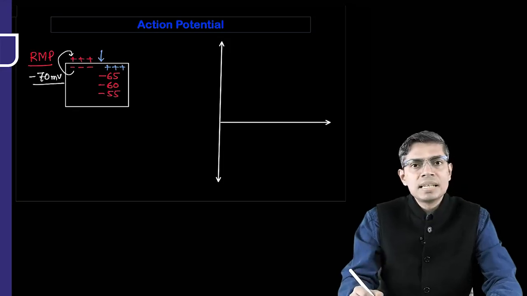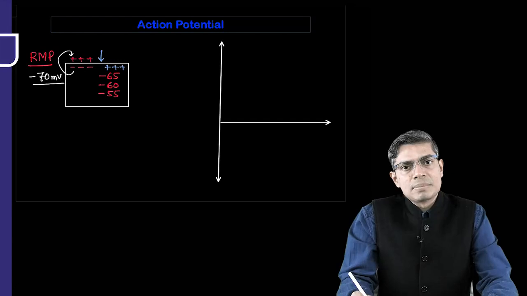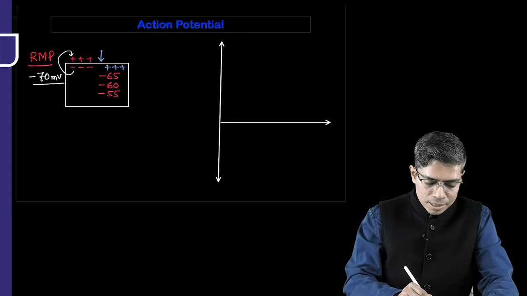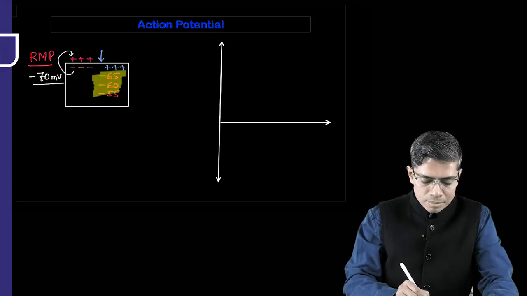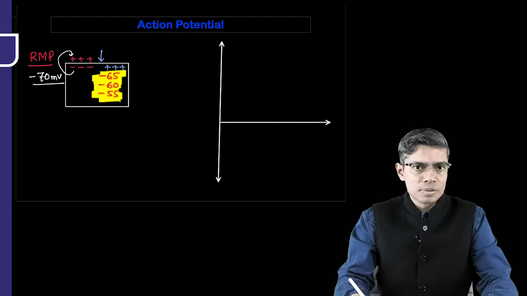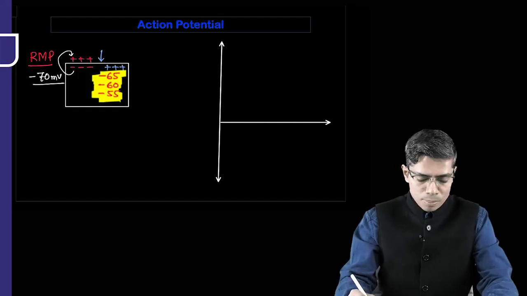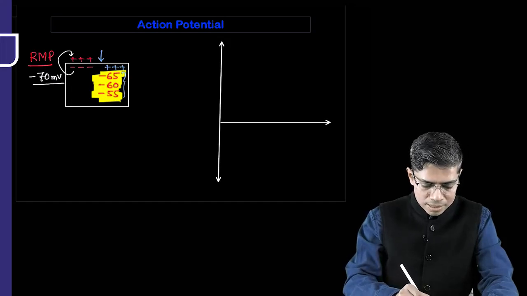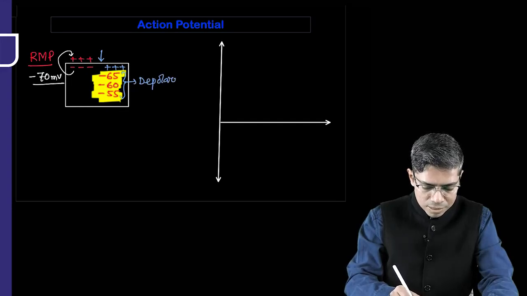These are less negative potentials. Less negative potential means the interior of the cell is becoming more and more positive. This more and more positivity of the cell is known as depolarization of the cell.